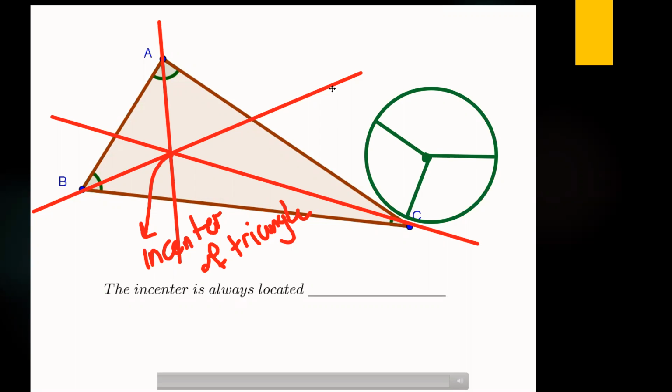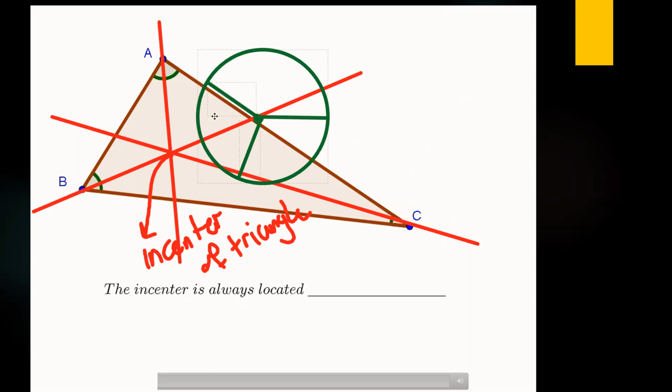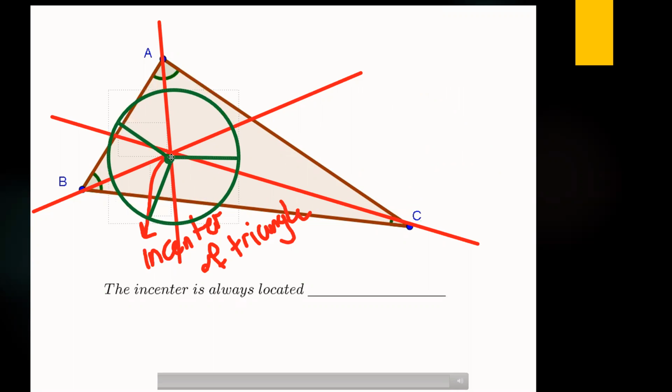Now, if the center of this circle is located at the incenter of the triangle, I will say that this circle is inscribed in the triangle. Inscribed, and it's inside the triangle.